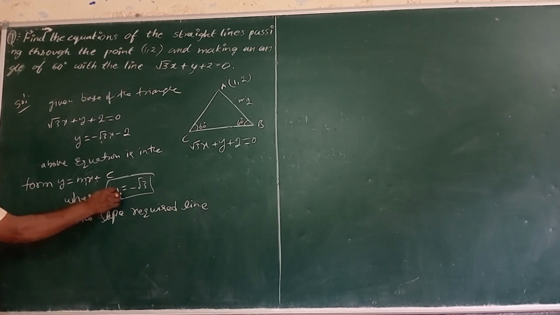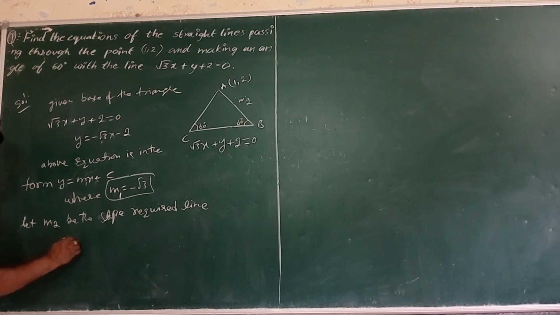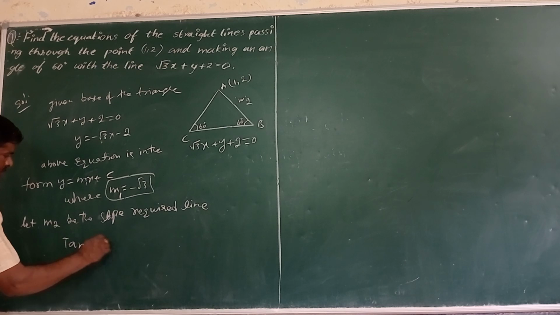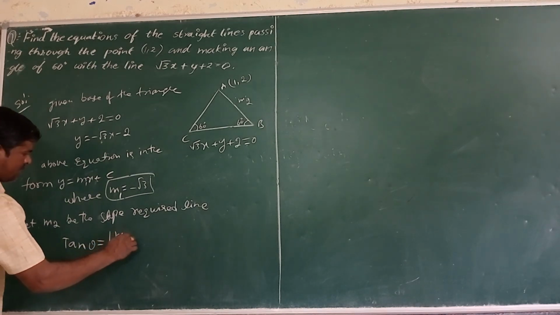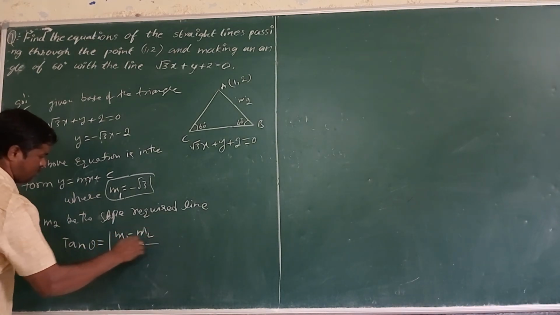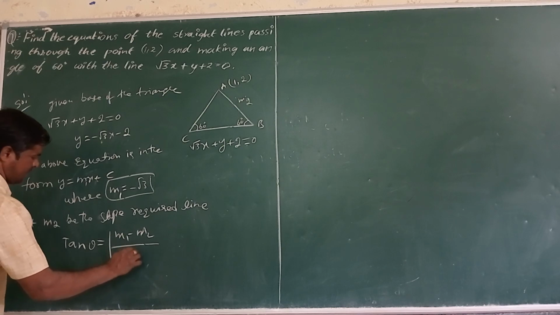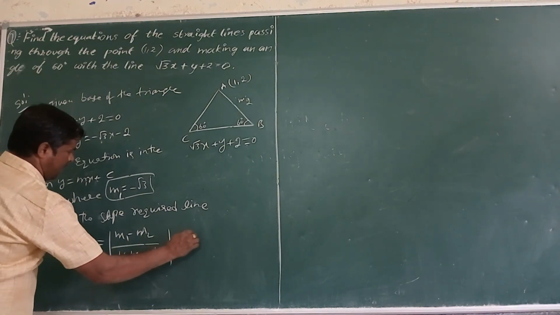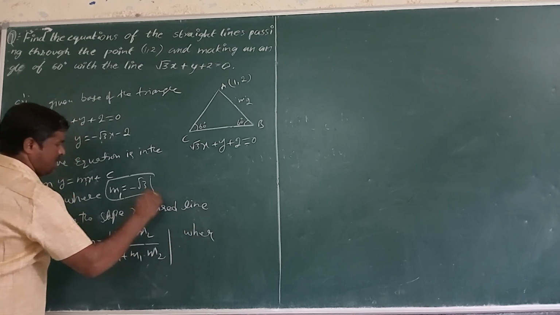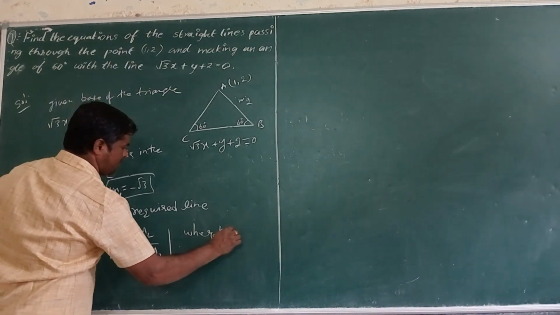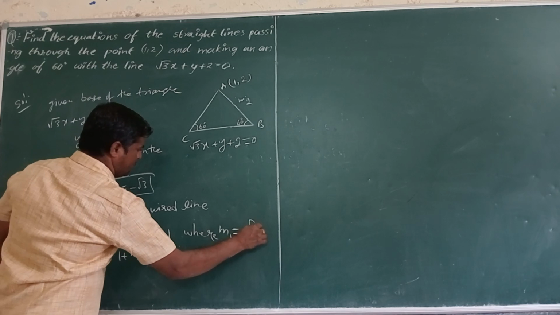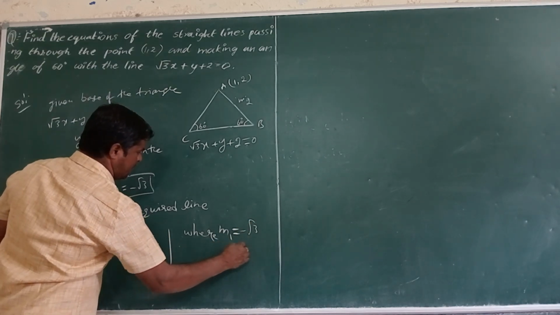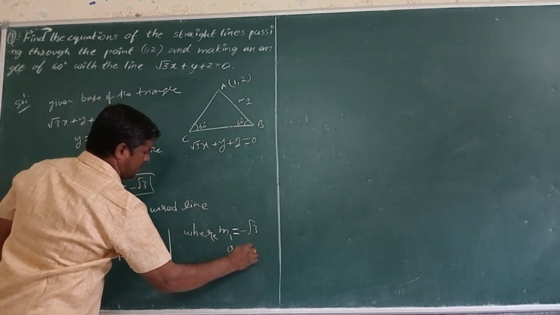So slopes m1 and m2, then tan theta equals to mod of m1 minus m2 by 1 plus m1 into m2, where m1 equals to minus root 3 and theta equal to 60 degrees.